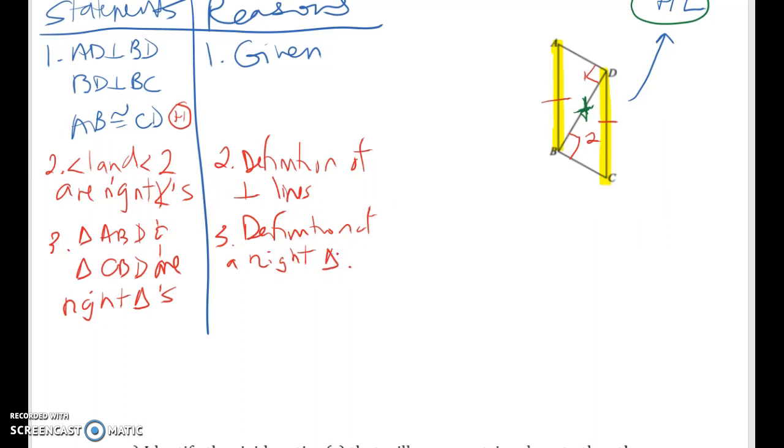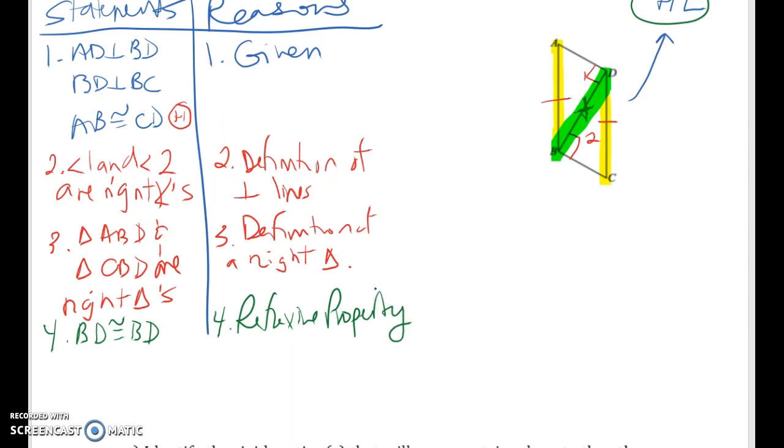Okay, so I've stated that 1 and 2 are right angles. I've stated that the triangles are right triangles, and again, only right triangles have a hypotenuse. So all I'm missing in order to use hypotenuse leg is the leg, which would be BD. And we can say that BD is congruent to itself. It is a shared side in both triangles, and we know that that is the reflexive property.